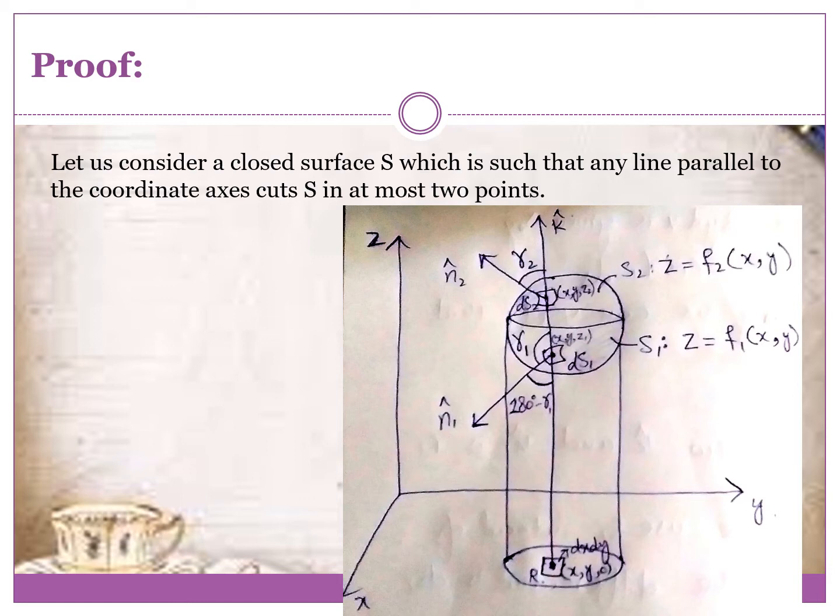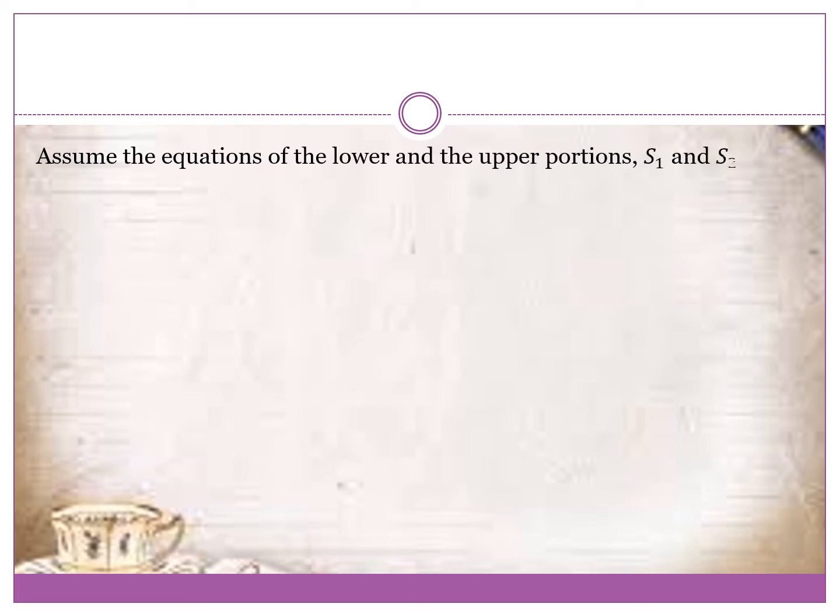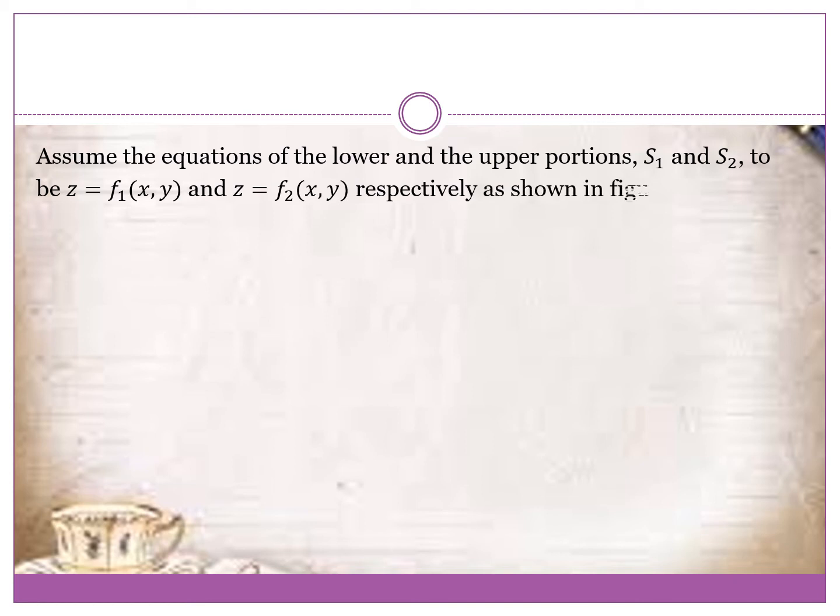We further suppose that R is the orthogonal projection of the surface on the xy plane. Assume the equations of the lower and the upper portions S1 and S2 to be z is equal to f1 of xy and z is equal to f2 of xy respectively, as shown in the figure.